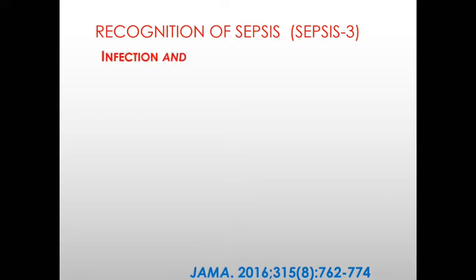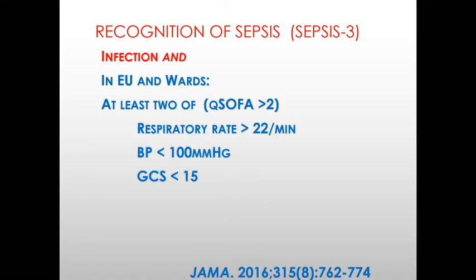It's always in the setting of infection or suspected infection. For emergency units and wards, there's a set of recognition criteria: a quick SOFA of 2 or more. The quick SOFA is a quick bedside score on the status of a patient. Patients have a respiratory rate of more than 22 a minute, or a systolic blood pressure of less than 100, or a drop in GCS.